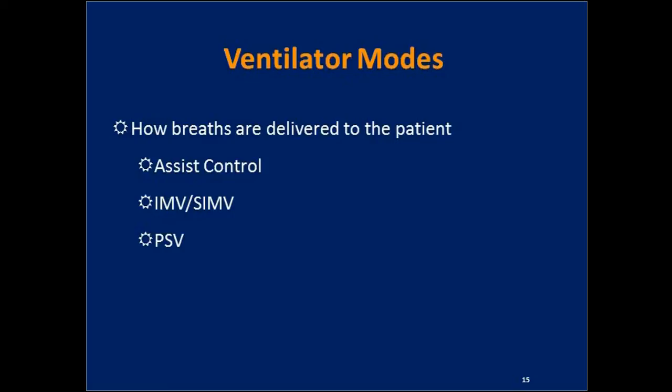With IMV or SIMV, IMV stands for intermittent mandatory ventilation, and SIMV stands for synchronized intermittent mandatory ventilation. You won't really see IMV very much anymore. All you see is pretty much SIMV, which is synchronized, and that means that it's synchronized to the patient's own respiratory cycle.